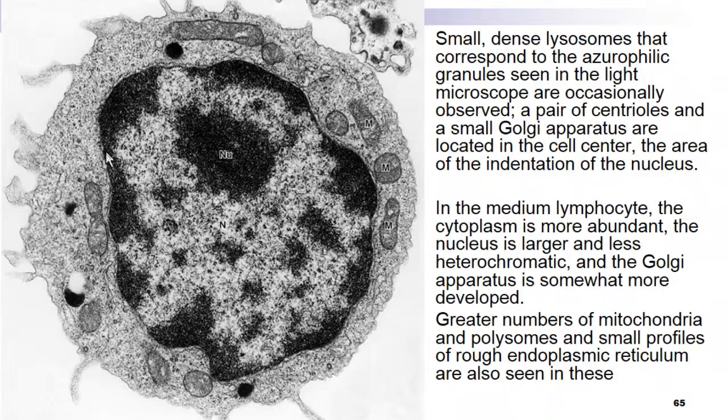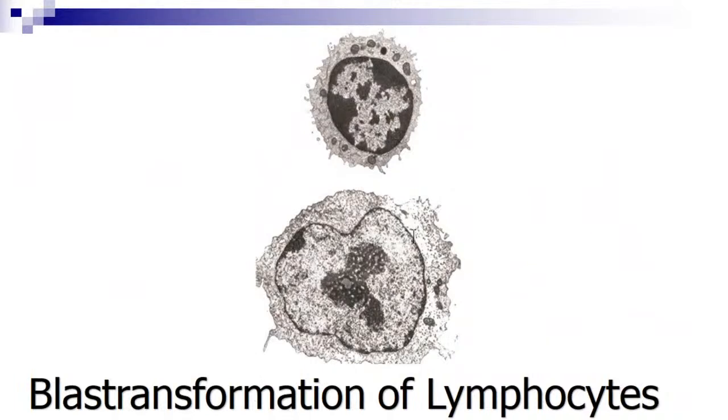Ordinarily, we see the nuclear area, and numerous mitochondria and some organelles in the cytoplasm, which are not visible in ordinary light microscopy. As you have seen, lymphocytes can transform back into lymphoblasts.